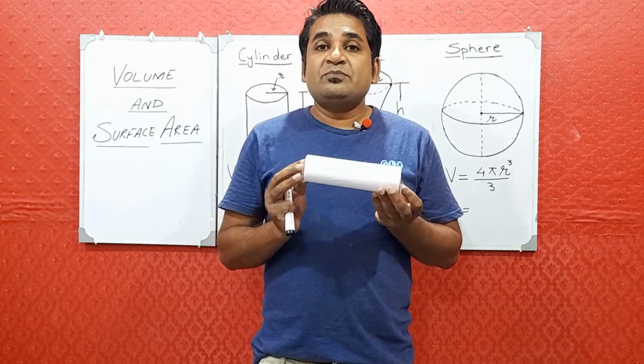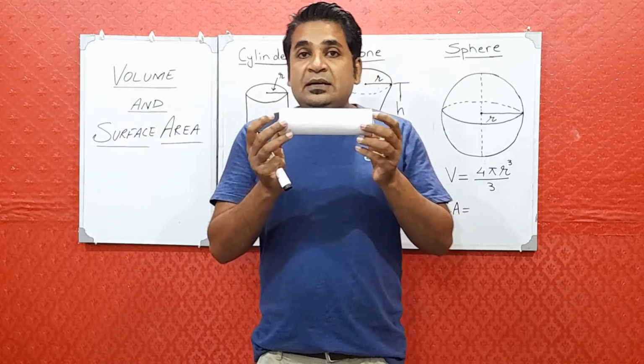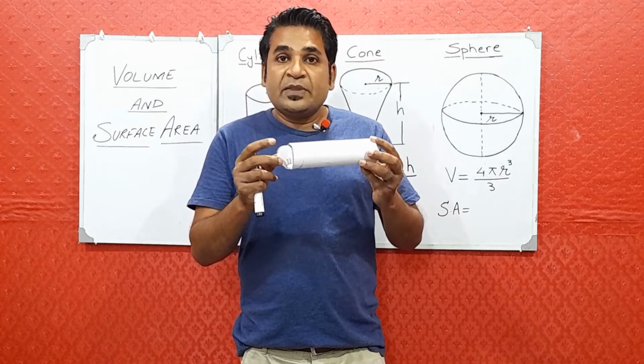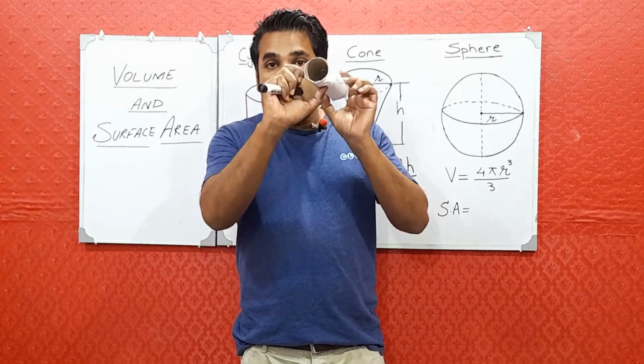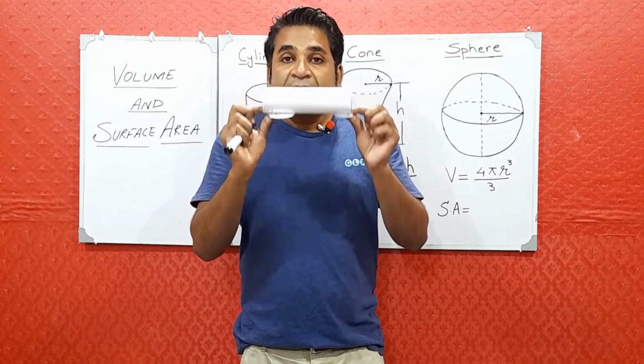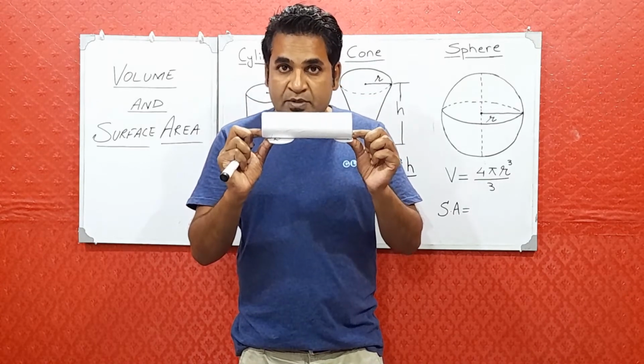That size is basically its volume. So try to learn this: whether it is closed, open from one end, or open from both ends, it will have the same volume.